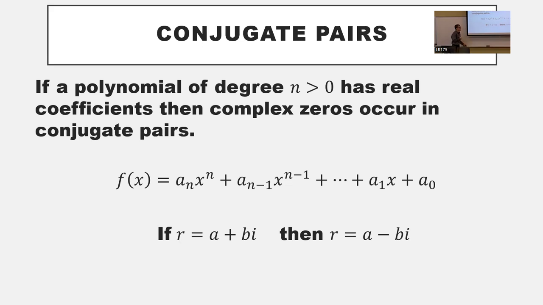That helps me know that if I found one zero, that's some complex number, and my polynomial has real coefficients, then I know I'll have another zero, which is a complex number, and it'll be the conjugate pair. So that's one tool that we can use.